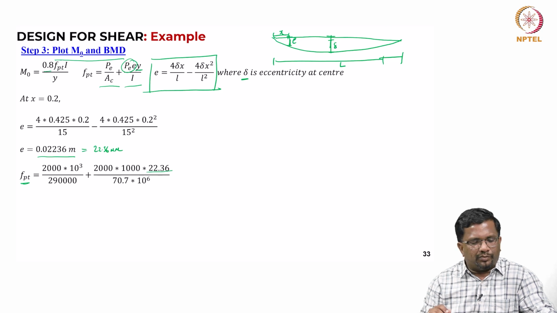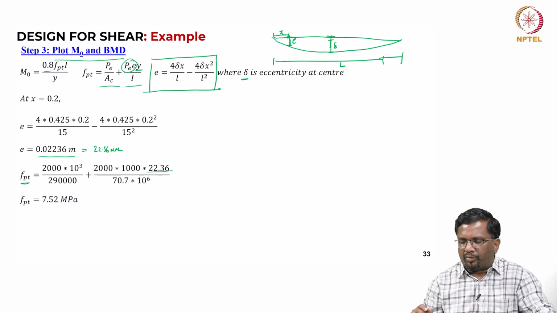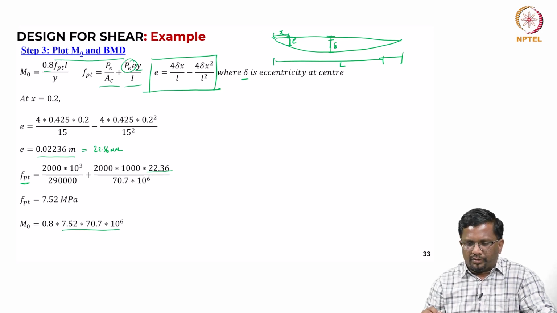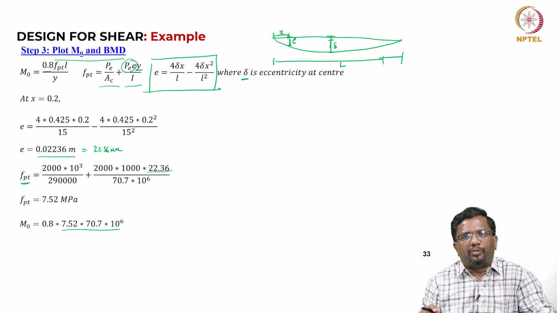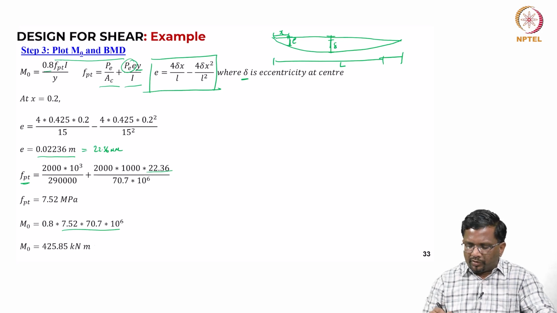That is what we calculate, and you substitute FPT equal to 7.52 megapascal, and M naught works out to be 0.8 into this value FPT that you get, 7.52 into I by Y, which is nothing but your section modulus, 70.7 into 10 to the power of 6.